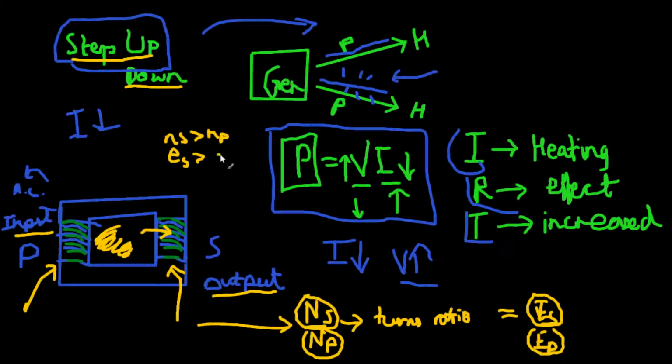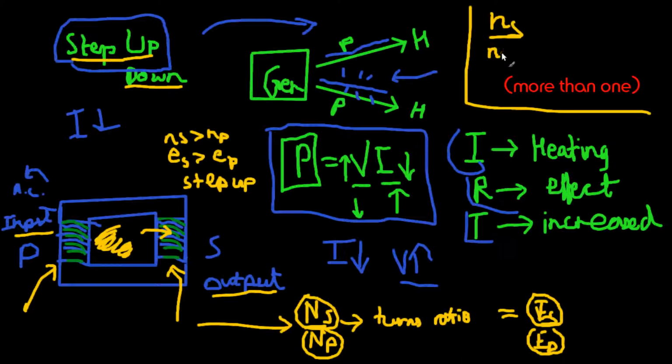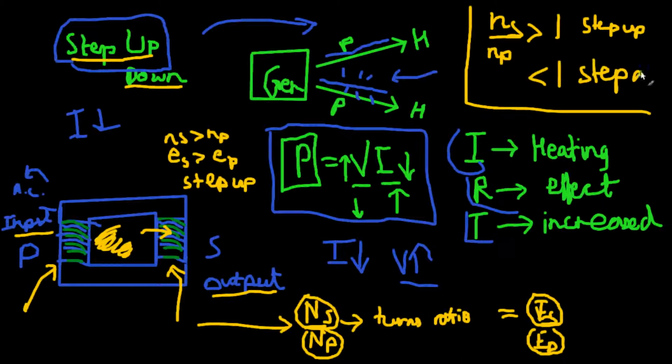So that is a step up. And the inverse is also true. So you can just sum up this whole relation by saying NS by NP more than 1 for a step up, and it's lesser than 1 for a step down. If it's equal to 1, nothing's gonna happen because, well, you have the same turns over there. It's the same thing really.